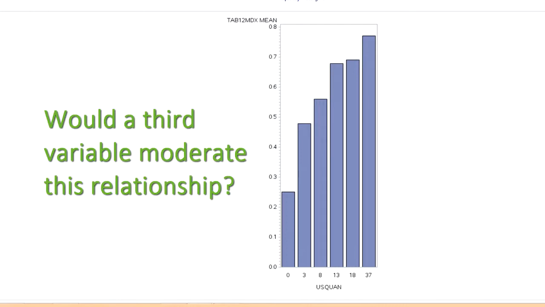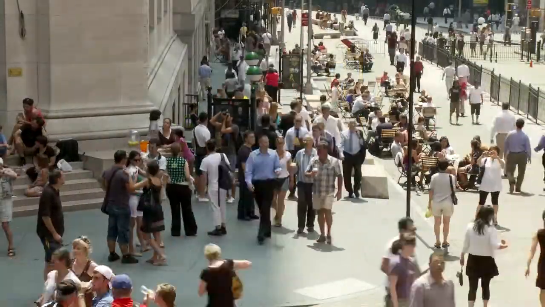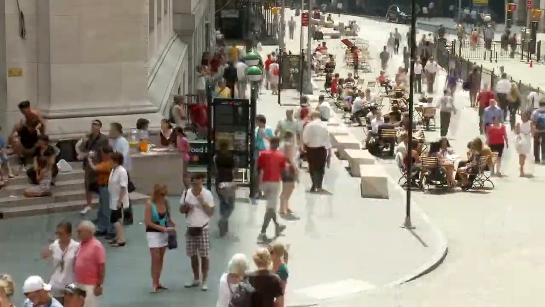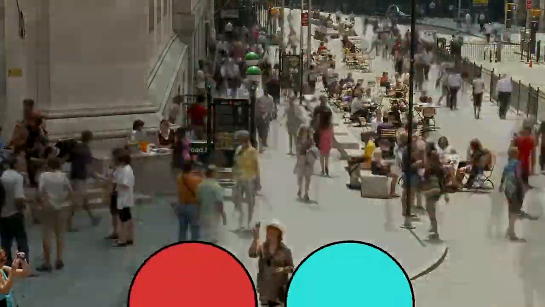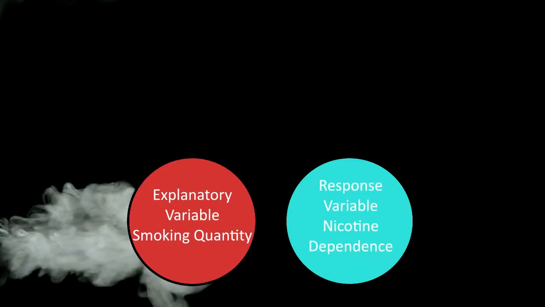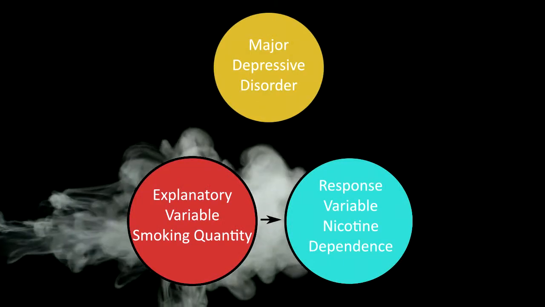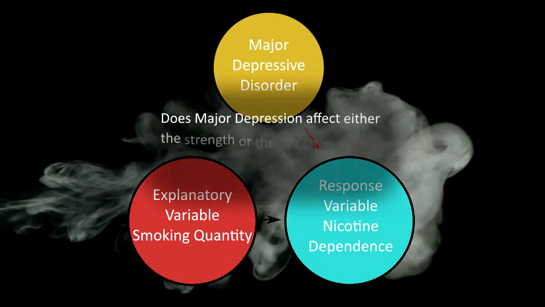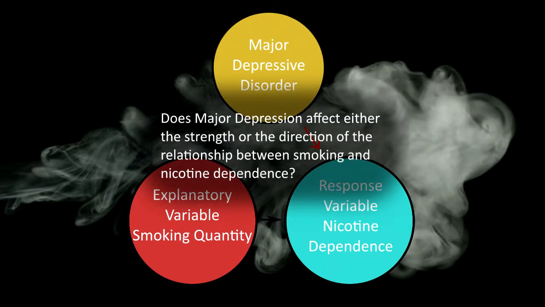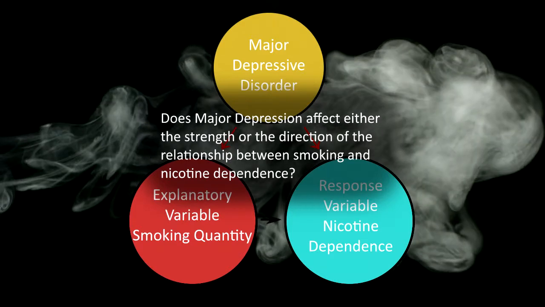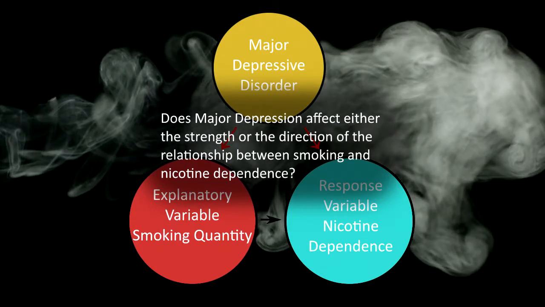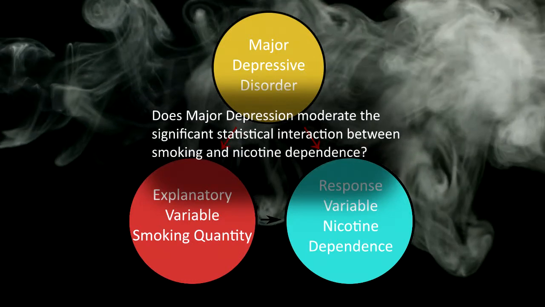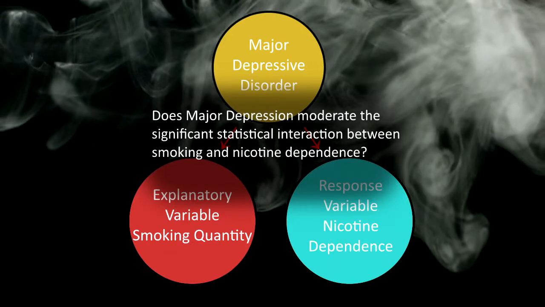Put another way, might there be a statistical interaction between a third variable and smoking behavior in predicting our response variable, nicotine dependence? We're going to evaluate major depressive disorder as the third variable. Our question will be, does major depression affect either the strength or the direction of the relationship between smoking and nicotine dependence?